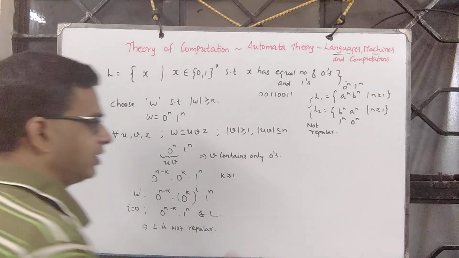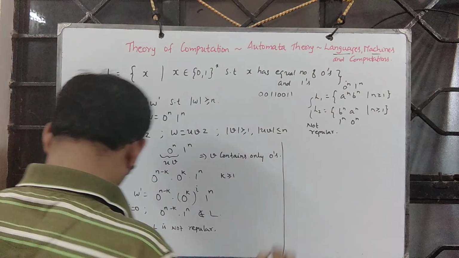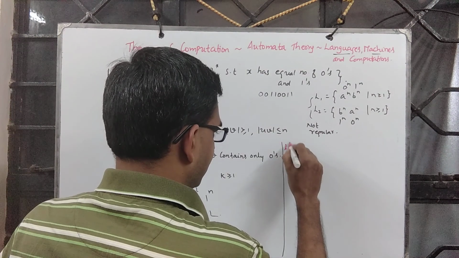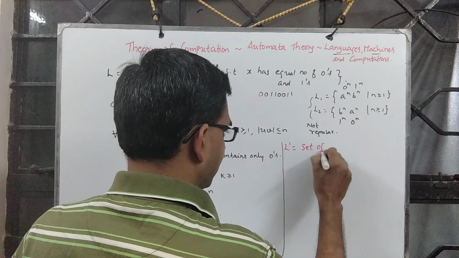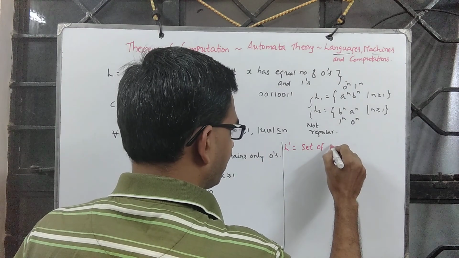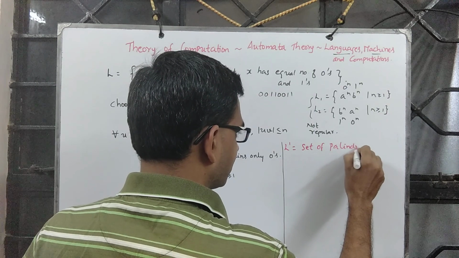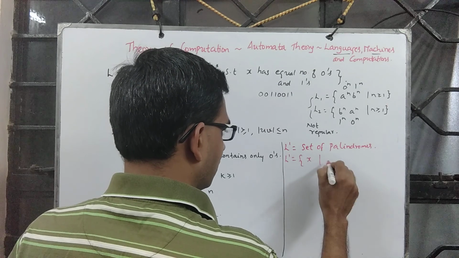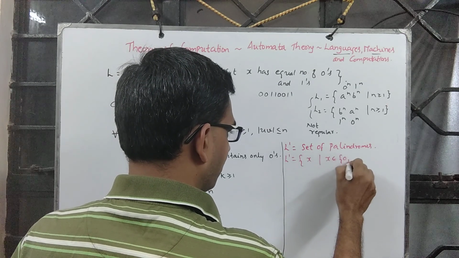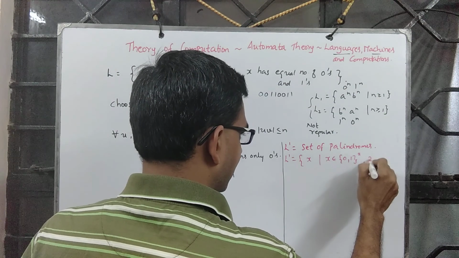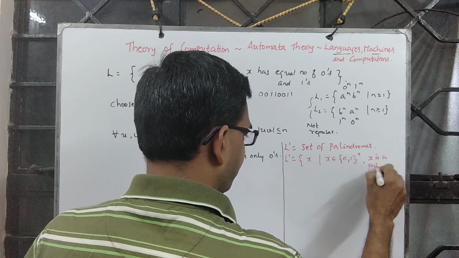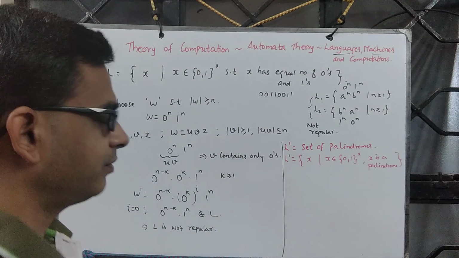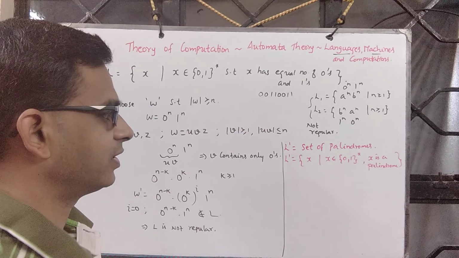For example, let's look at this problem. The language is the set of strings respecting the palindrome property. So L prime is the set of strings over 0, 1 such that x is a palindrome, which means it reads the same in the forward direction as well as in the reverse direction.